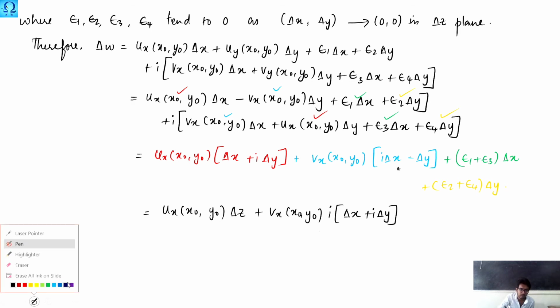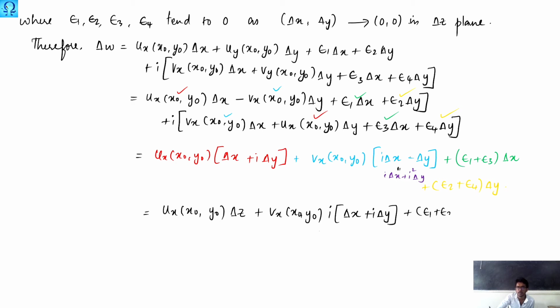Let me write it in a different color. So this is iota delta x plus iota square delta y, from which I have taken iota outside, and I have the remaining terms here. Plus epsilon 1 plus epsilon 3 delta x plus epsilon 2 plus epsilon 4 delta y.